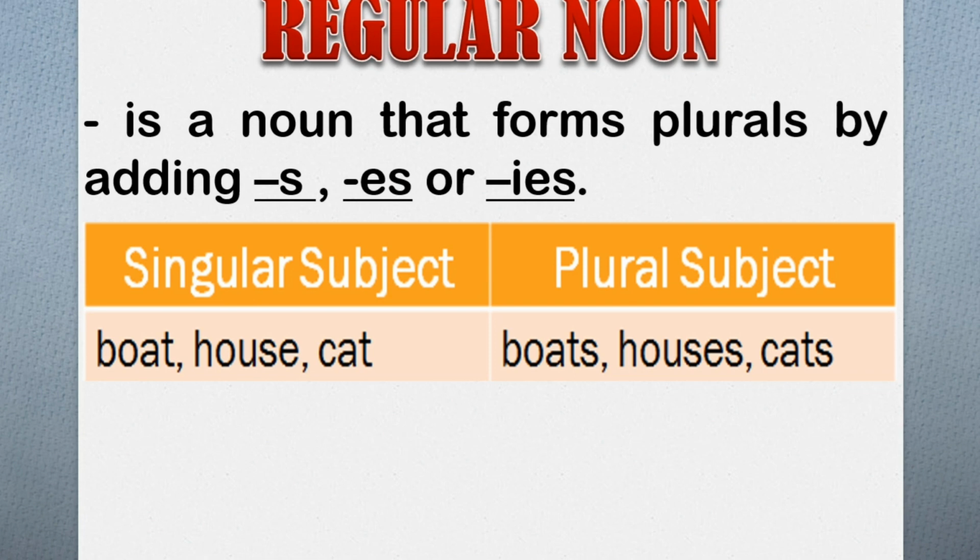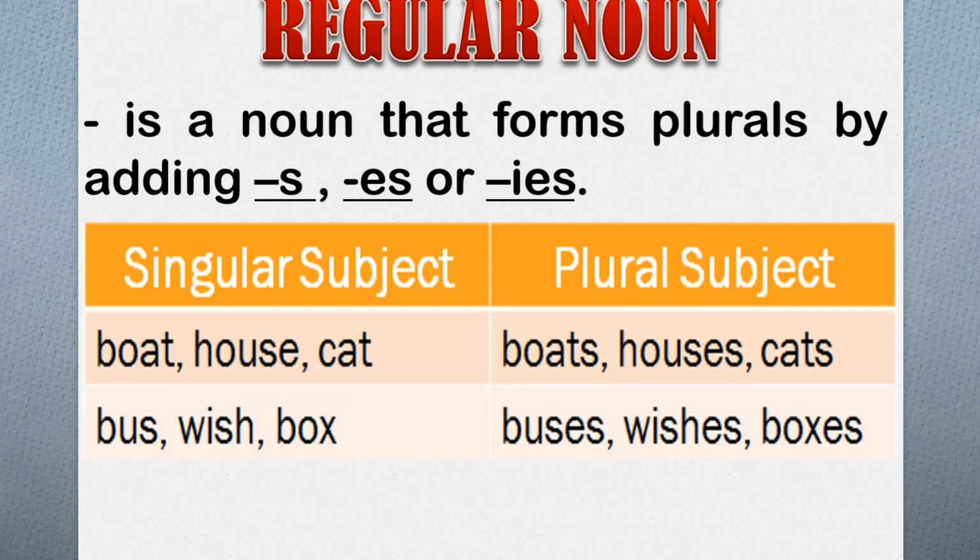For singular subjects, we have examples boat, house, and cat. We're going to add s to make them plural subjects, such as boats, houses, and cats. Other examples are bus, wish, and box. We're going to add es to make them plural subjects, such as buses, wishes, and boxes.